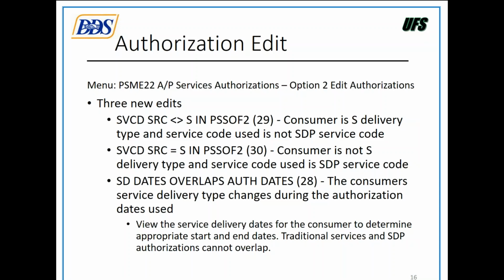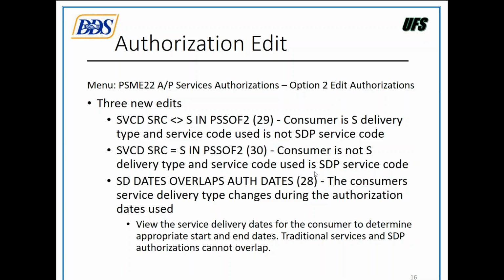So when we pump these down, they're going to have an S in there, and they will not be able to be used for any other consumer other than those that are set up for self-determination. So if you receive this error, it is because the consumer is in self-determination and your authorization has used a service code that's not part of the SDP services.